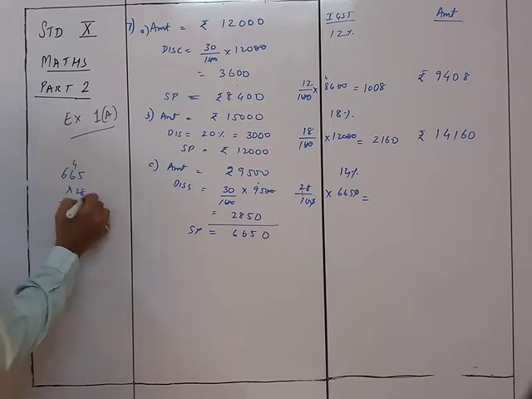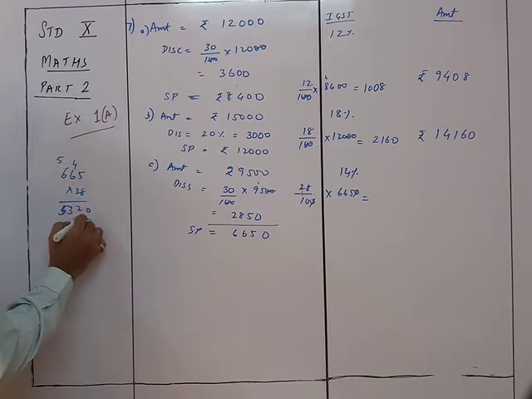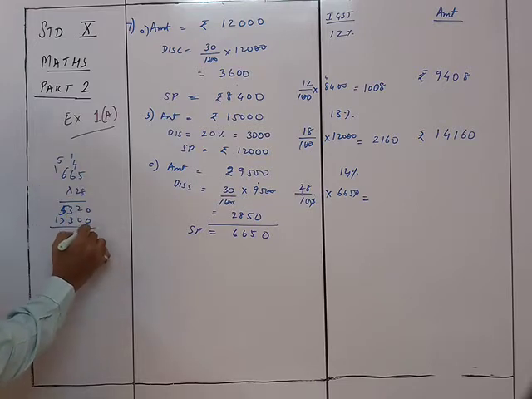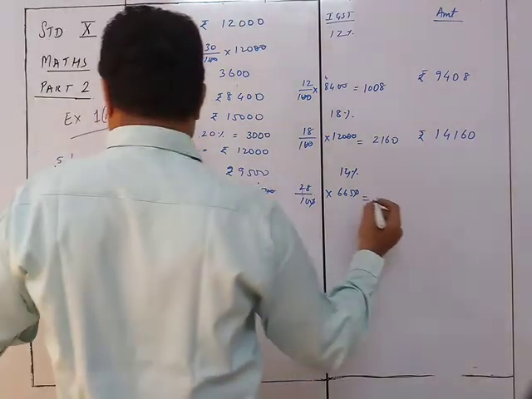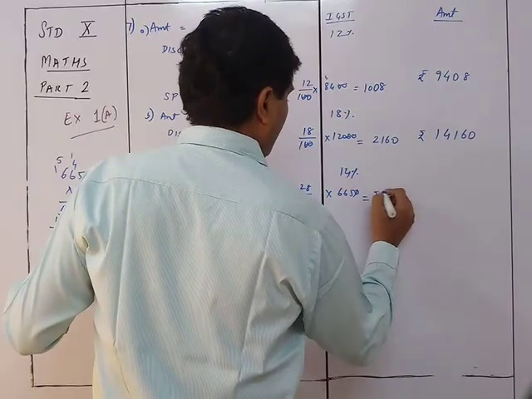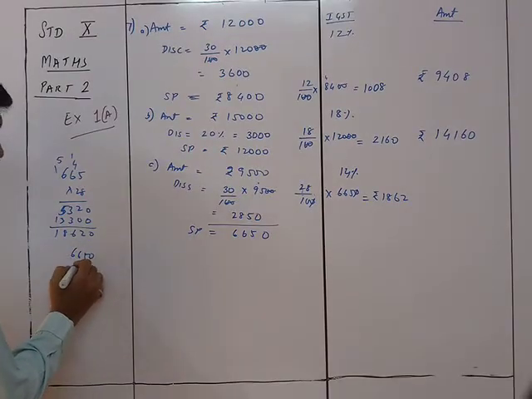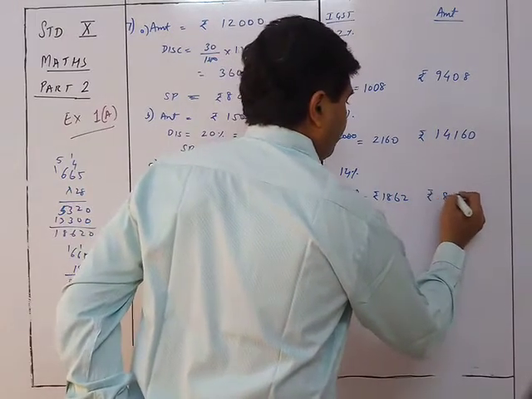That gives me 1862. So that is going to be 1862 rupees. So adding this to this one, so it is 6650 plus 1862. So rupees 8512.